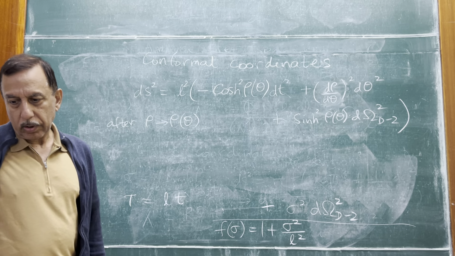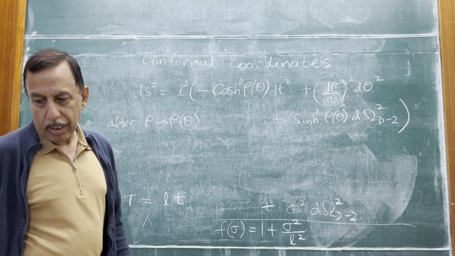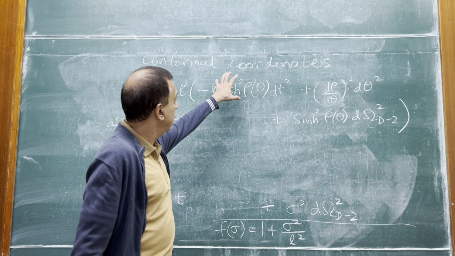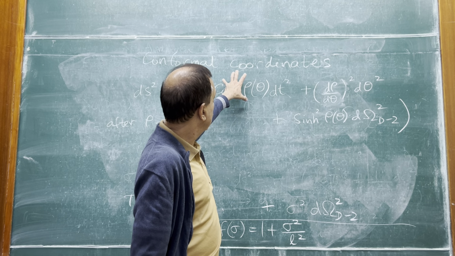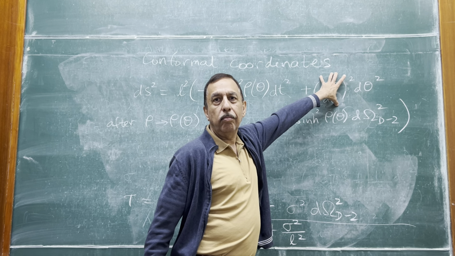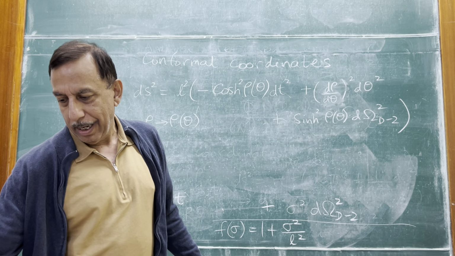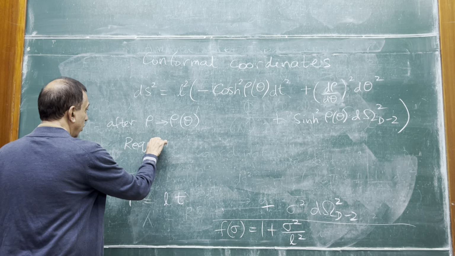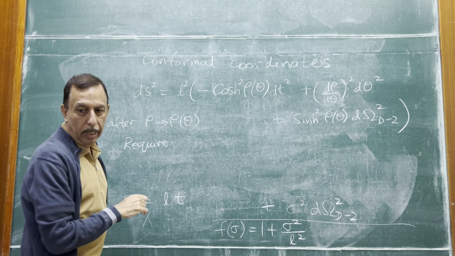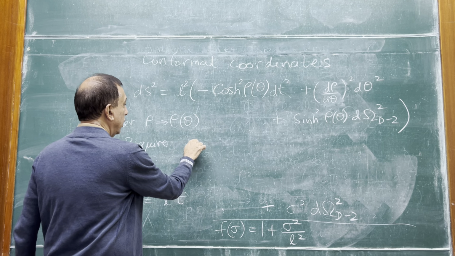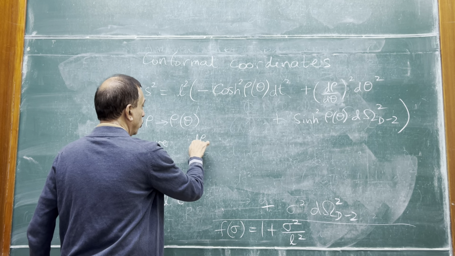Now what we want is to make this term, cos squared of rho, and this term the same. It's the same manipulation as yesterday and it has the same solution. So we require that d rho by d theta should be cos rho.